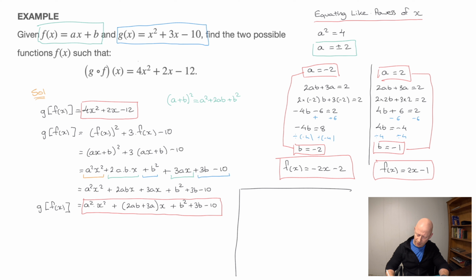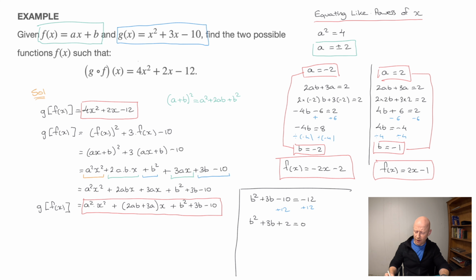So let's quickly write that out. We have b squared plus 3b minus 10, which has to equal negative 12. And so gathering all of the terms on the left-hand side here, which I do by adding 12 to both sides, this quickly turns into b squared plus 3b plus 2 equals 0.